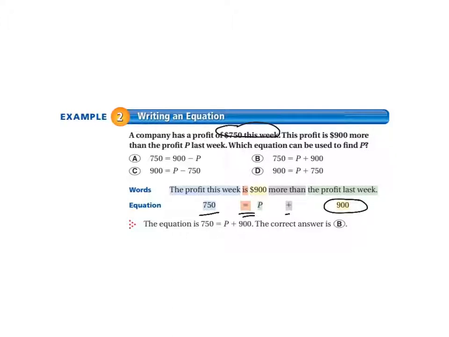We're using the variable P, so the equation is $750 equals P, which is used for the profit last week, plus $900. So the correct answer is B, $750 equals P plus $900.